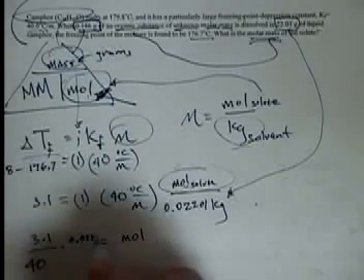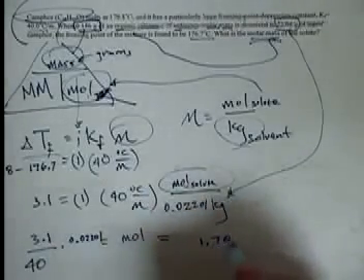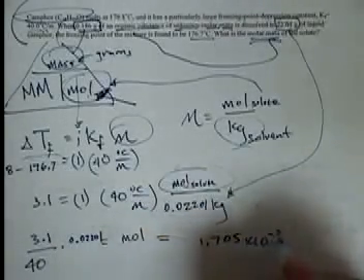What a handy deal. You could do this in the lab, and as a matter of fact, you will. Solving this mathematically, moles end up equaling 3.1 divided by the 40 right here times the 0.02201 right here. If you solve that, the number of moles is 1.705 times 10 to the negative third moles.